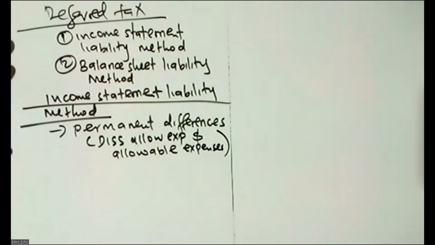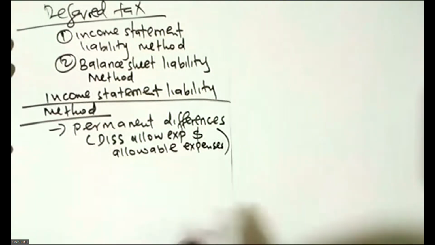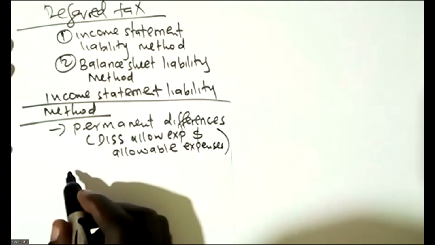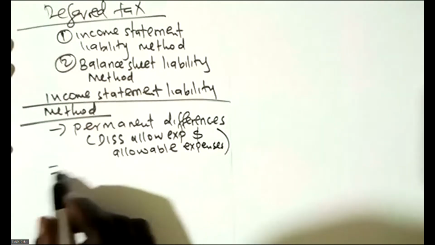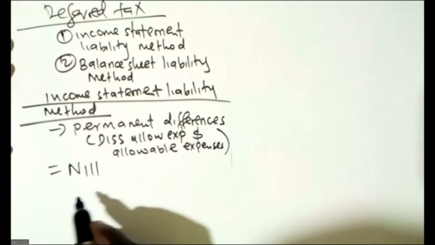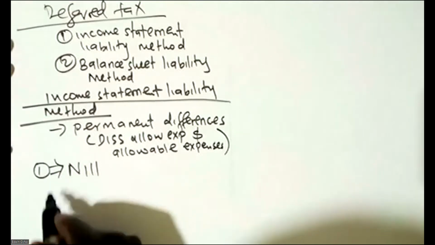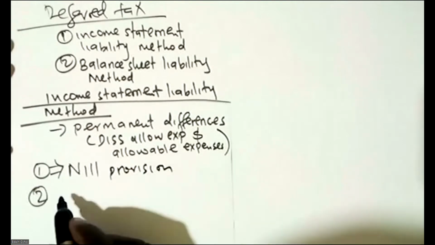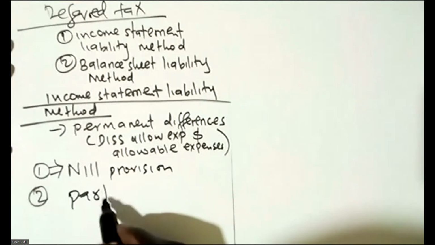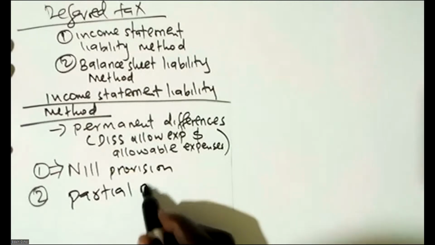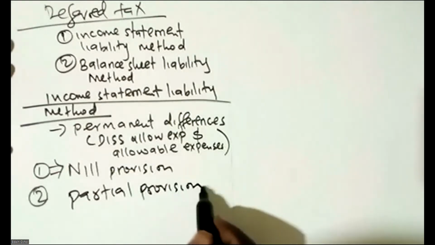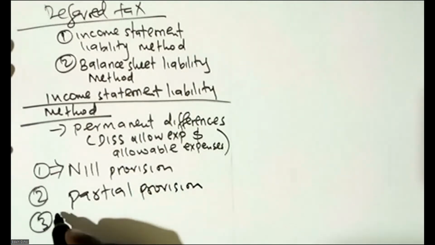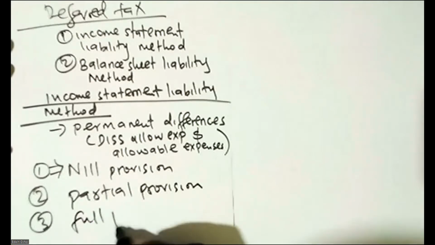This method is divided into three methods. The first one being the nil provision method. We have the partial provision method, and we have the full provision method.